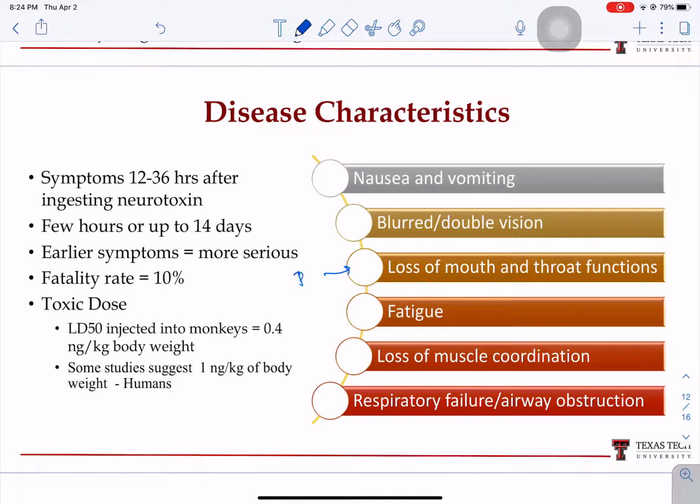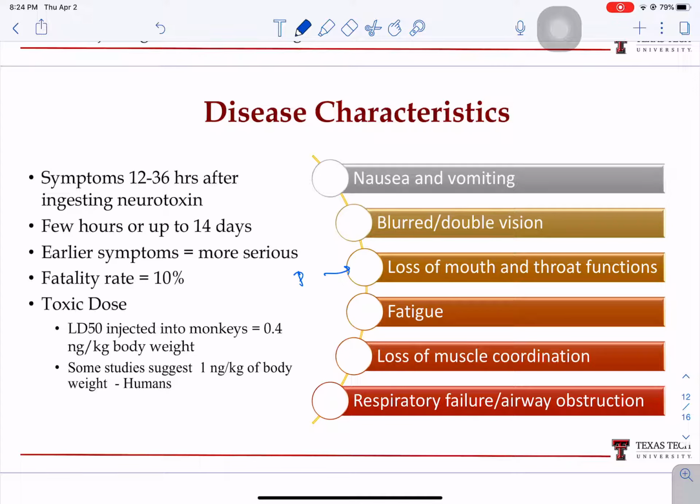This is some sort of paralysis, because the neurotransmitter is saying there is no muscle contraction here, so you lose the ability to swallow, and that creates panic in the person.